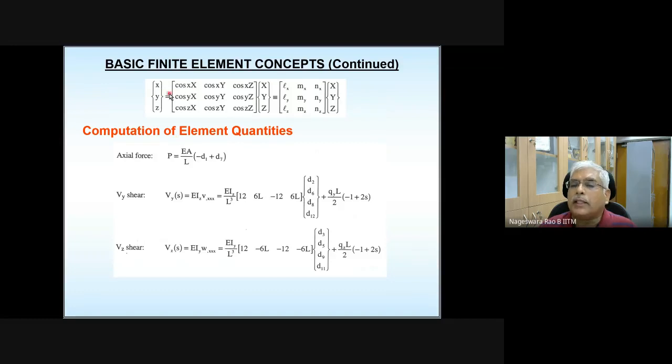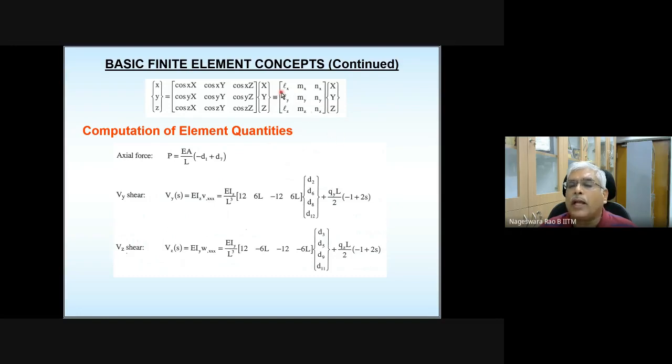So these are the direction cosines. The local coordinate system is related to the global coordinate system via these direction cosines. And this relation you already noted when you looked at the space truss element, and still it is not clear.